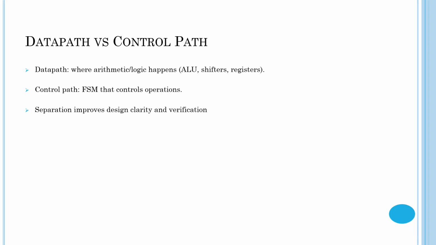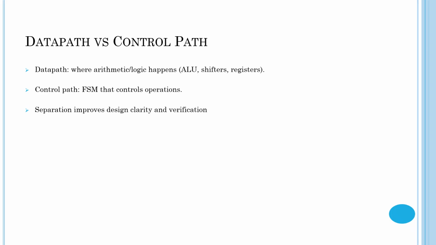This includes arithmetic and logical operations performed by blocks like ALUs, shifters, adders, comparators, multiplexers, and registers. The data path moves data from one register to another and performs processing on that data every clock cycle. In simple terms, the data path is the part that does the work.